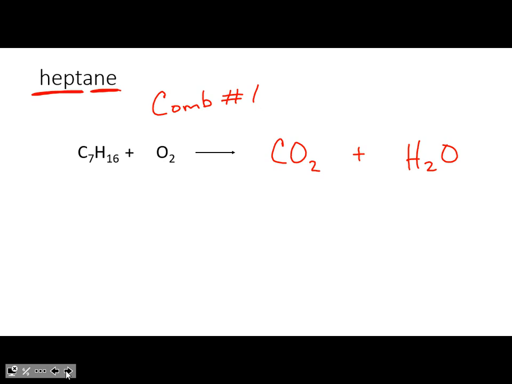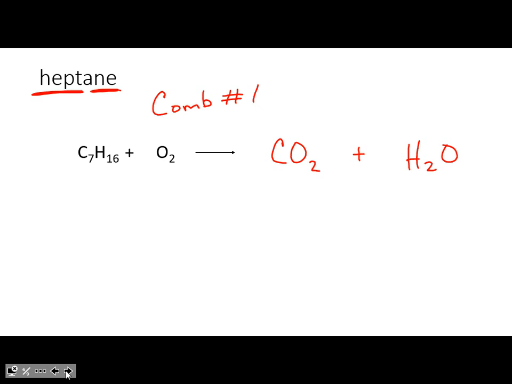I wouldn't just put C because somebody could think it was a combination reaction. So I would put the COMB for combustion number 1, and we only have one combustion, so it's going to be pretty easy when you find that.